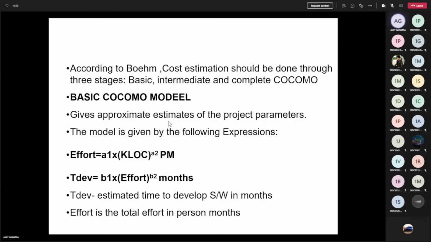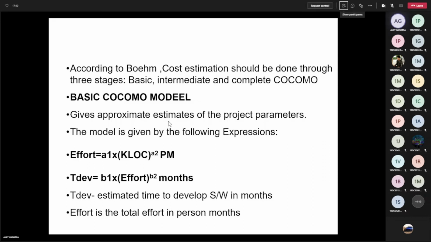So this is what you have to remember. In the exam, I'll give you LOC, but in this equation, you have to put KLOC. Most of the time, students in a hurry always put 35,000, then the overall answer is wrong, right? So please remember, I am going to give you the LOC count, but in this equation, it is KLOC. So you have to divide by 1000.